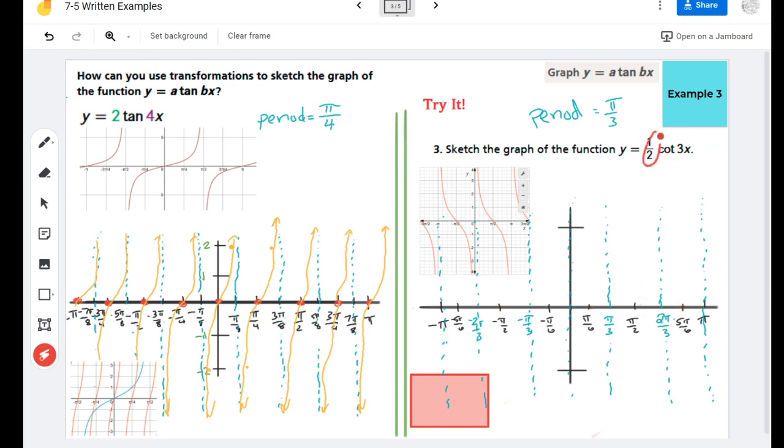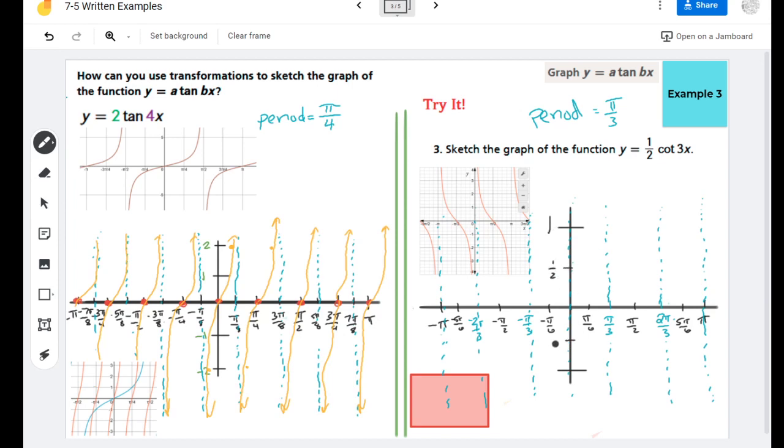So the other thing to consider is this 1/2. So what this is saying on our parent function is that right here at pi over 4, it's at 1. So halfway between the 0 and the asymptote, our graph is at 1. But we don't want it at 1 anymore. Now we want it at 1/2.